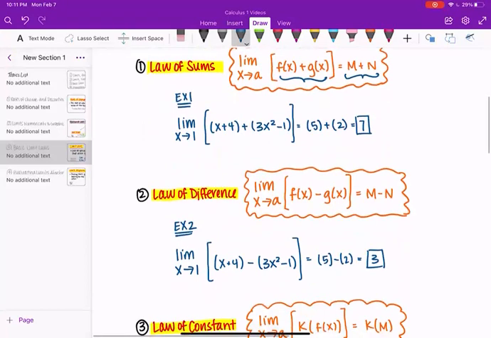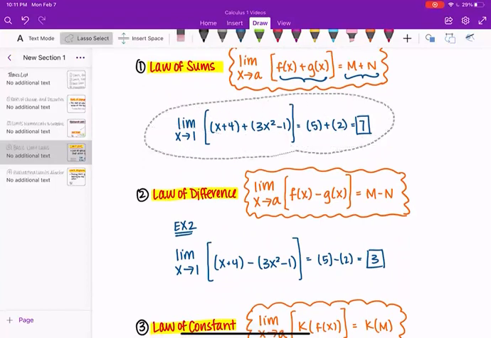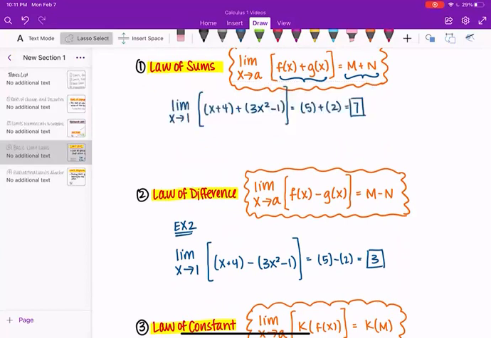So if I take the two functions I've defined here, the limit as x approaches 1 of x plus 4, and the limit as x approaches 1 of 3x squared plus 1, in the first line I've summed them and then taken the limit of the sum.